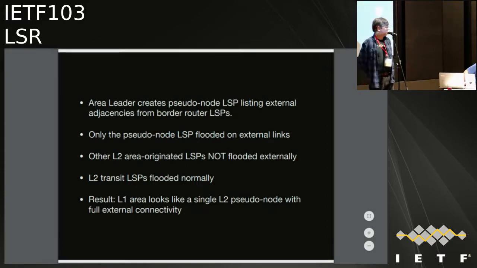Level 2 is going to exchange LSPs across the tunnels, and the level 2 area border routers are going to have to be able to compute transit across the level 1 area and provide that transit.